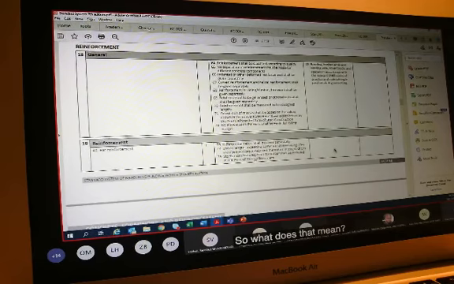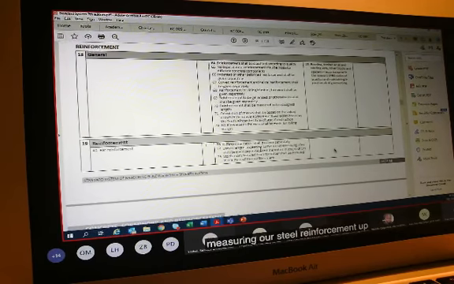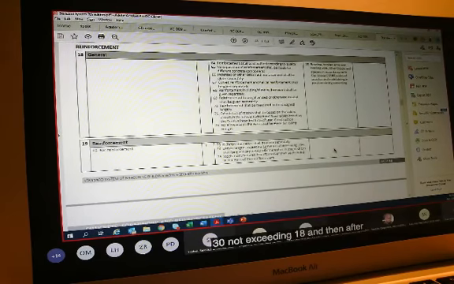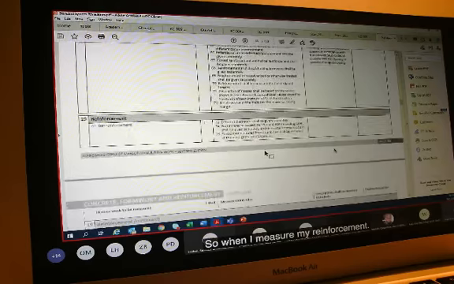So what this means is that we will be measuring this steel reinforcement separately, and it will be measured in tons. And now what do we do? It says different diameters shall be given separately.